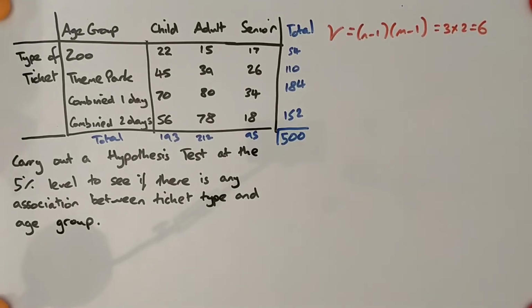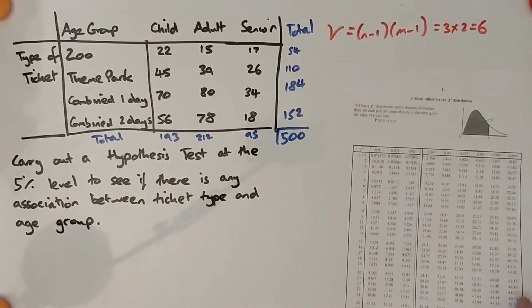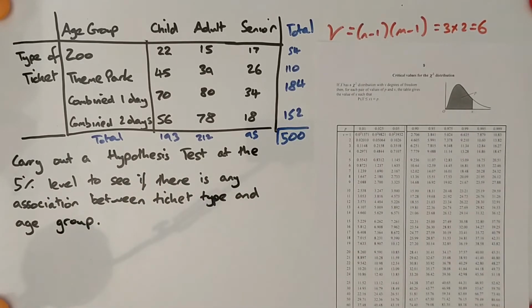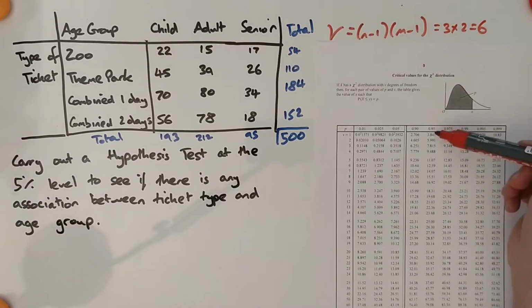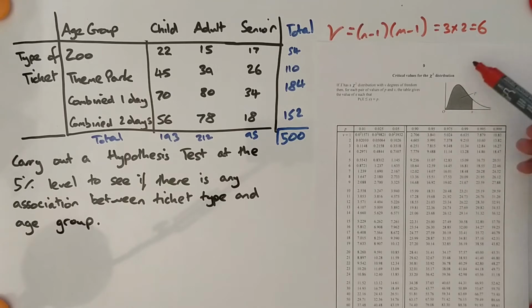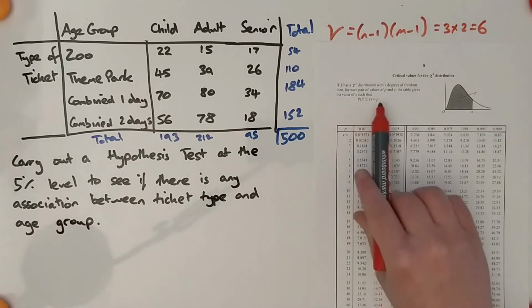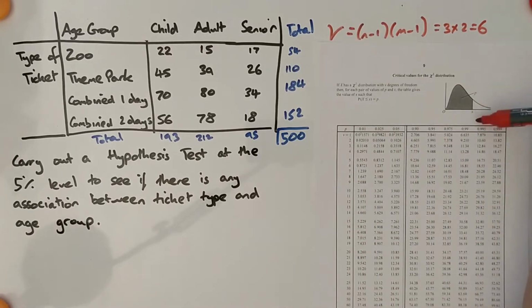We're doing this at a 5% level. So if we look at our formula sheet, the 5% level is actually the 0.95 level. This is because from the shape of the graph, x less than or equal to p, I need to work out the 0.95 level here.